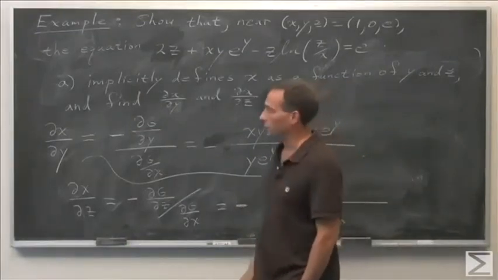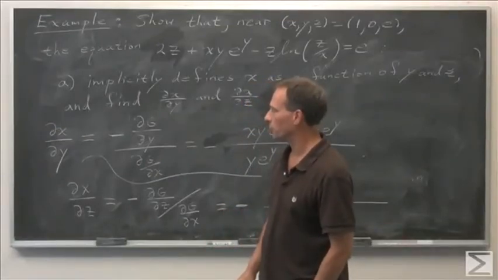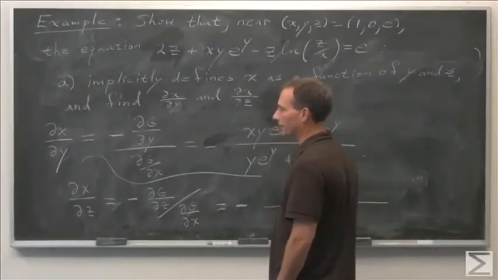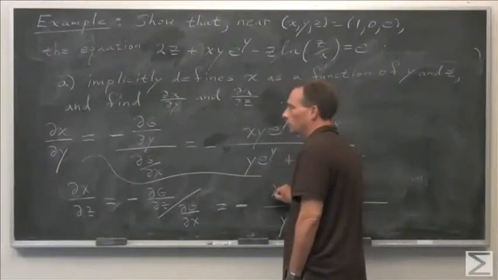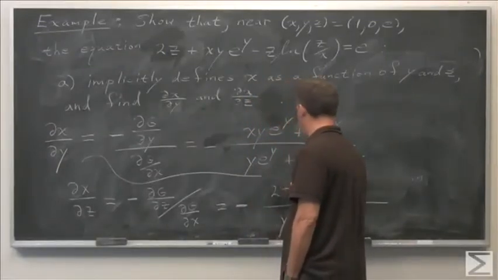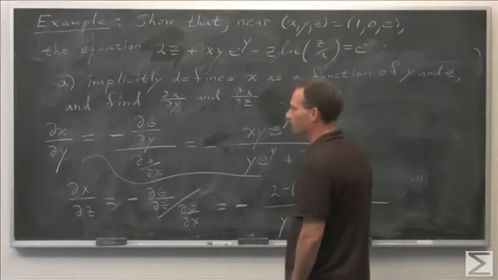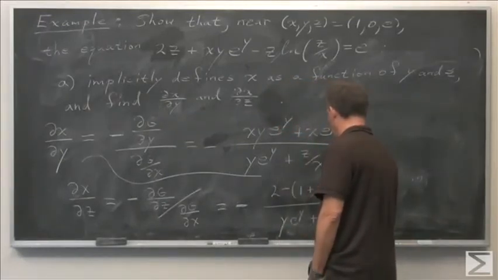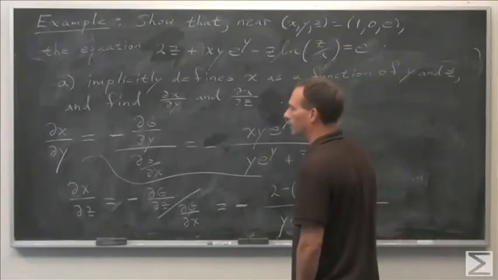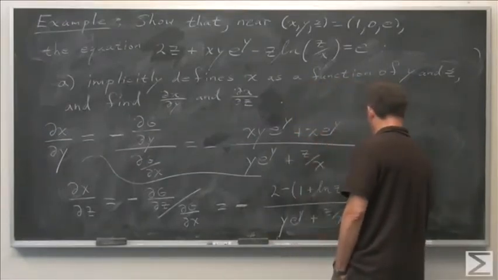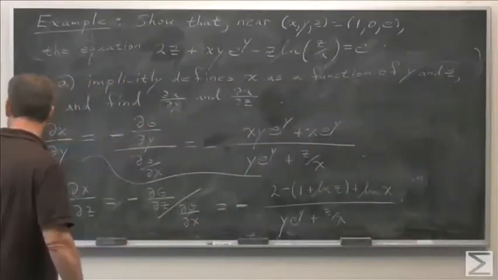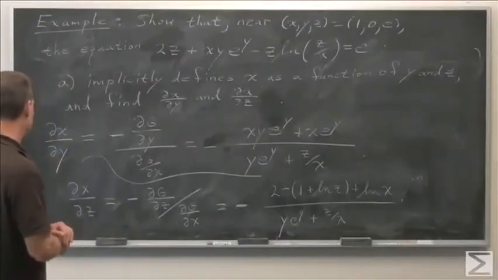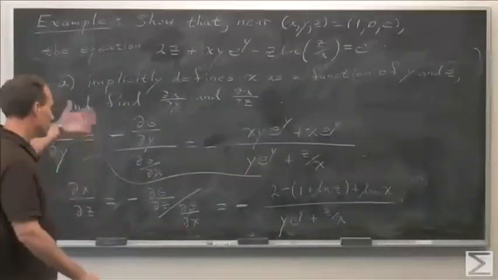And then we have to read off our previous calculation, partial derivative of g with respect to z, which was 2 minus 1 plus ln of z plus the ln of x. Did I read that correctly? 2 minus 1 plus ln of z plus ln of x. Right. So these are the formulas you get.